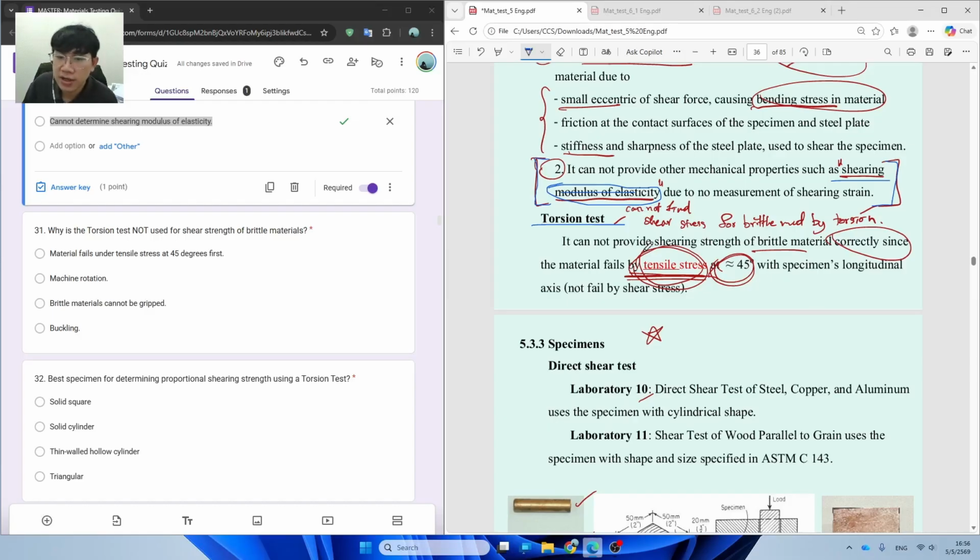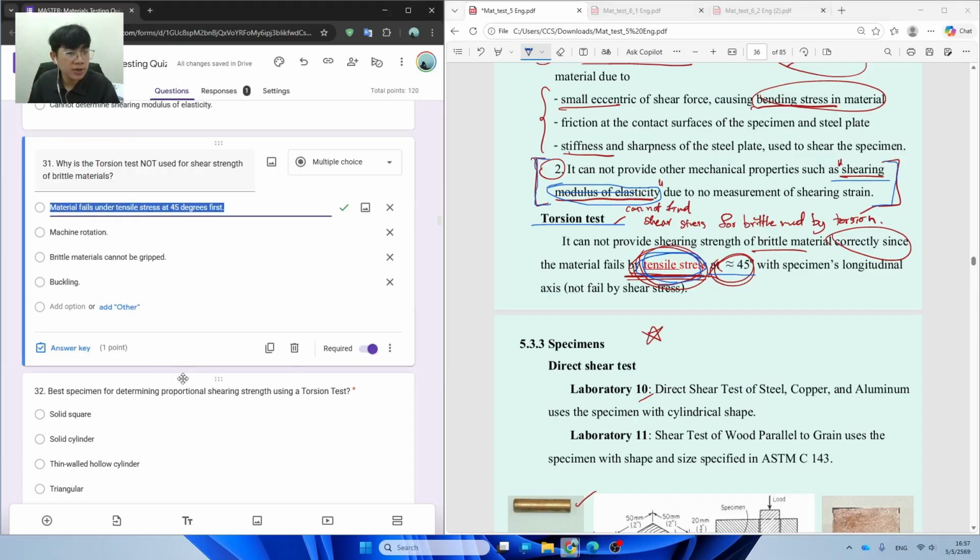When we try to twist the brittle material, the tensile stress is going to occur internally, and then it's going to produce a failure angle at 45 degrees. So we cannot call it shear strength, because it failed by the tensile stress. Okay, so that's why for this one we need to pick number one. The material is going to fail under the tensile stress at 45 degrees, not fail by the shear strength.